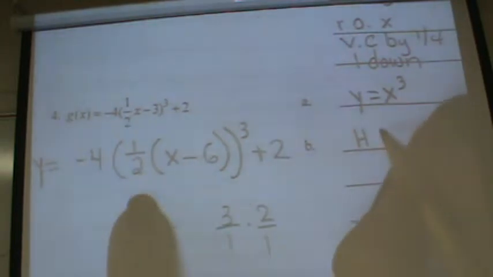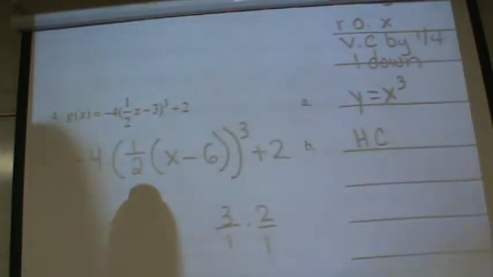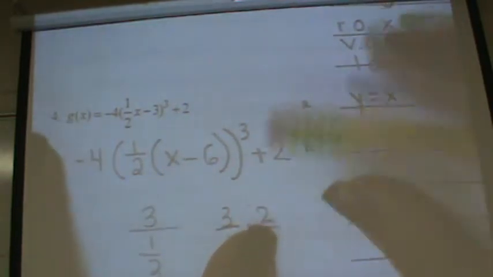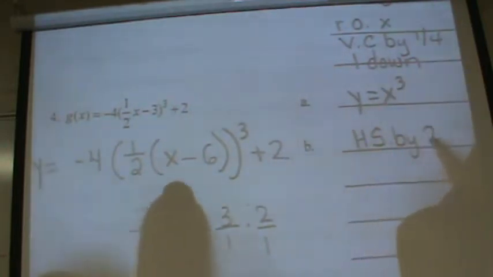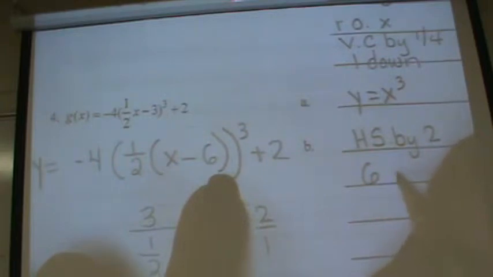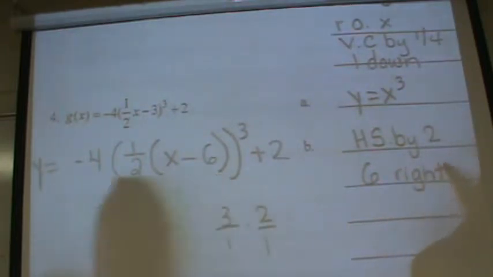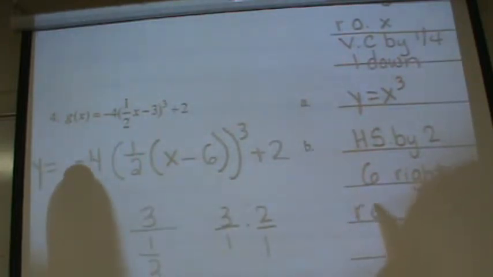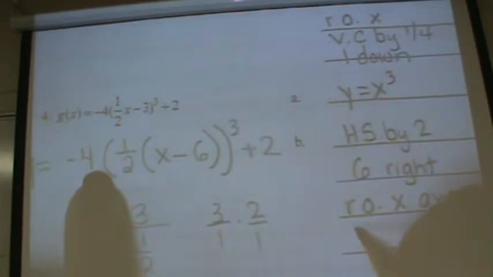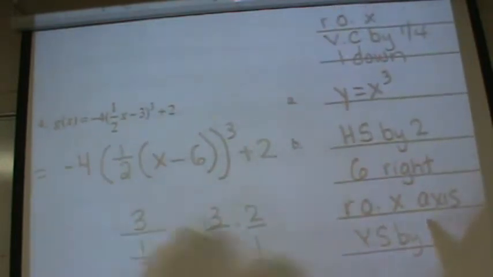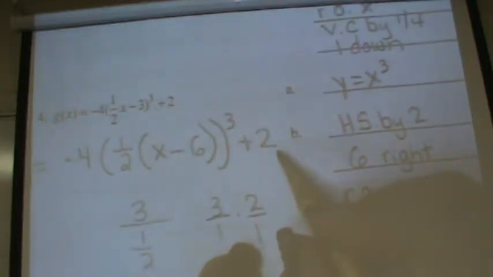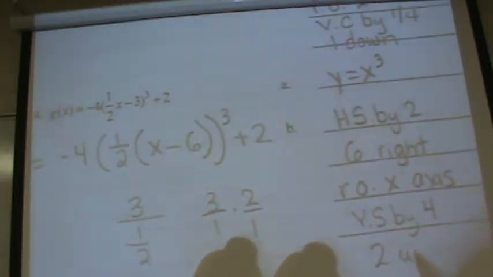So we have a horizontal stretch by a factor of 2, 6 units to the right. Reflection over the x-axis. Vertical stretch by 4. And 2 up.